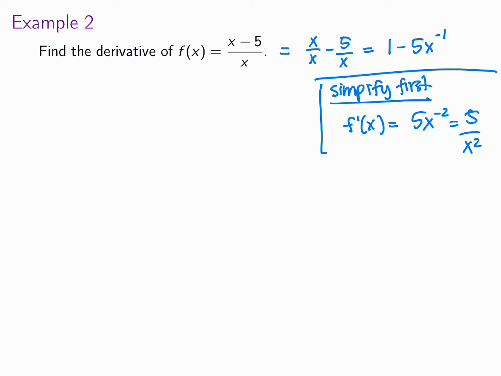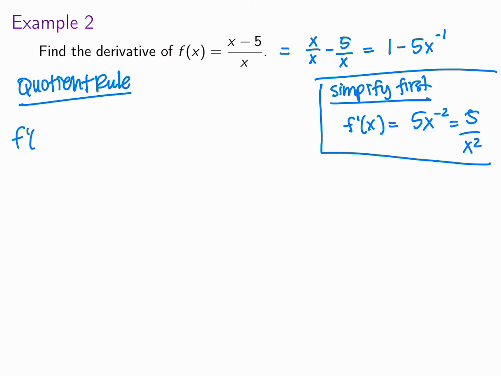Let's get some practice with the quotient rule though. So if we did use the quotient rule, f prime of x, it would be the denominator times the derivative of the top, which would just be 1, minus the top, x minus 5, times the derivative of the denominator, which is also 1, all over the denominator squared.